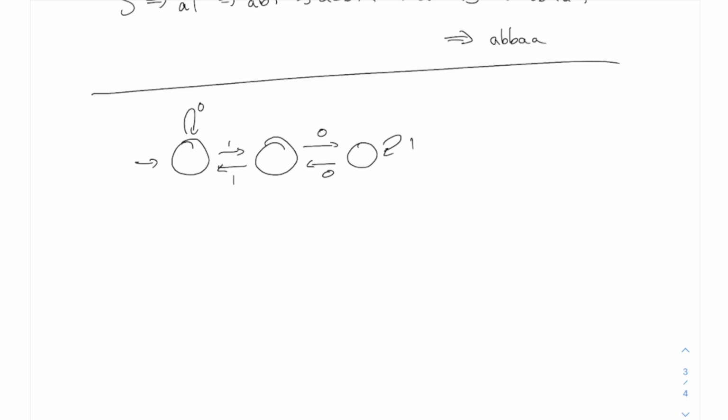Remember that one? This is the accepting state at the beginning. It takes a binary string and reads it as a number and tells you if that number is divisible by 3 or not. Interestingly enough, you can do this with a grammar also. You can make a grammar which gives you all binary numbers which are divisible by 3.